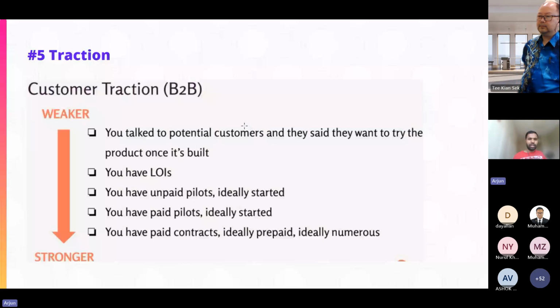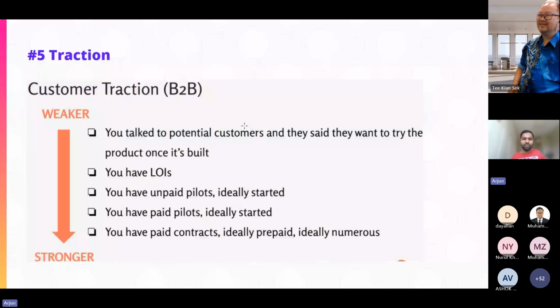So when you are starting up a company, you have a prototype, you have a minimum viable product with you. What can you do with this? You go and speak with potential customers. They say, okay, I'm interested. Maybe once you fully build the product, come back to me, I will try to use it. If some customer is saying that, it really means they are not interested in your product.